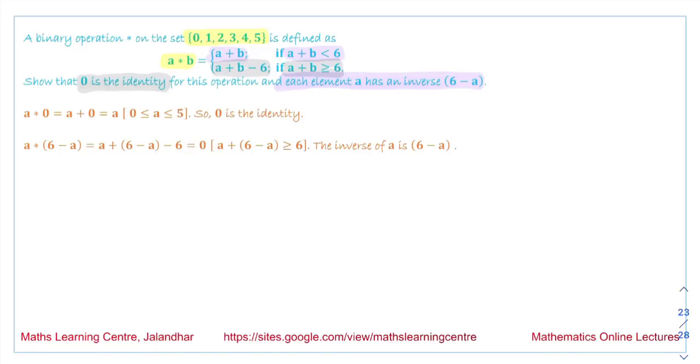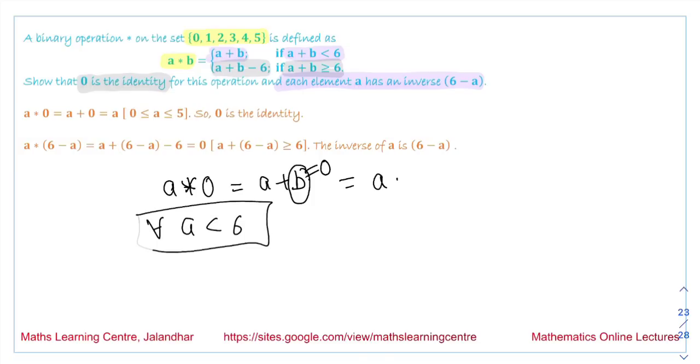To prove that 0 is the identity, we are talking about A star 0, that is equal to A plus B, where the value of B is 0, and that is equal to A, because the value of A is always less than 6.